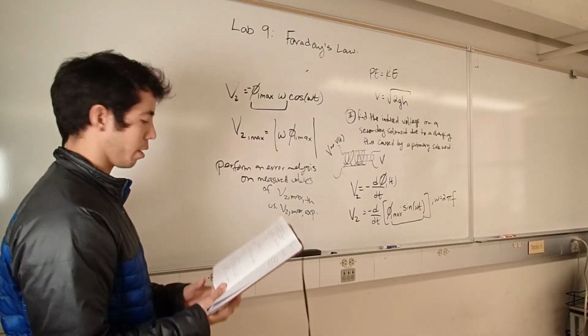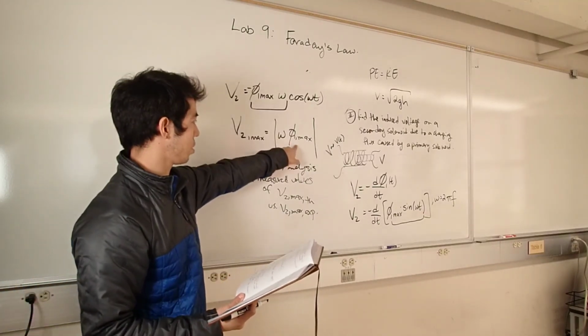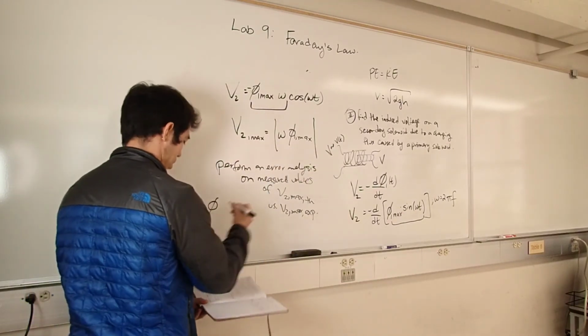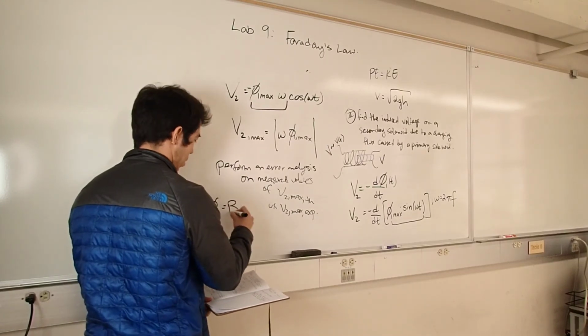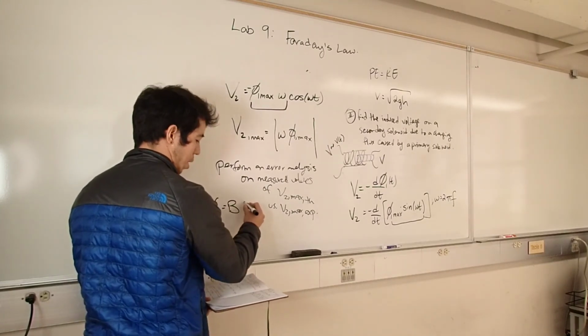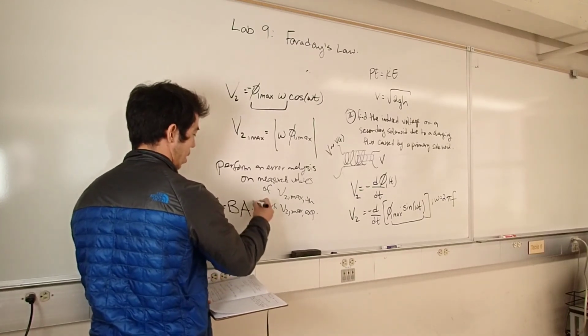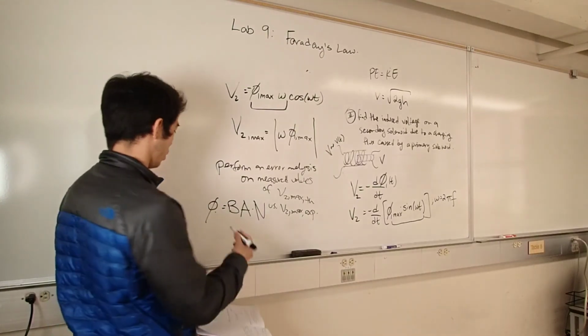So there are a few more calculations to look at, because you need to calculate the flux of the first solenoid. Again, flux is given by B times A. And this time we have to multiply it by N to account for each turn of the loop.